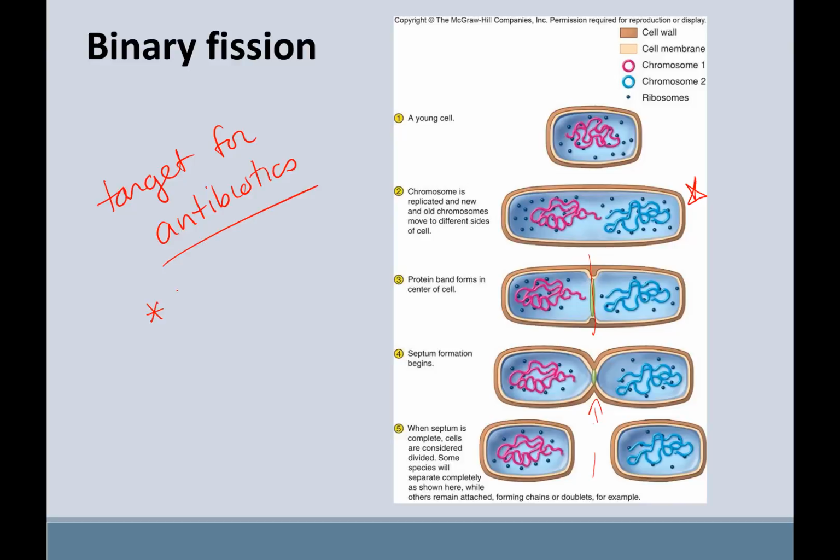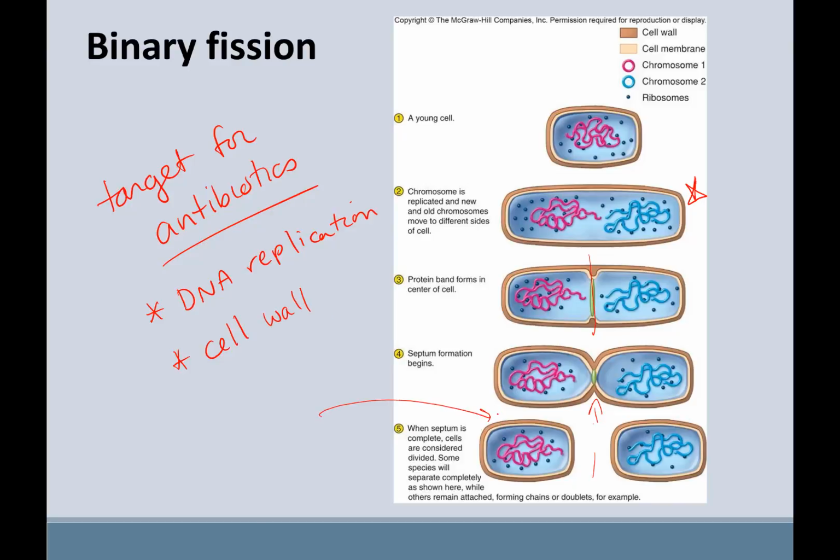So, for instance, DNA replication. Bacteria use some slightly different proteins than we do, so we can target drugs to block DNA replication. The cell wall.